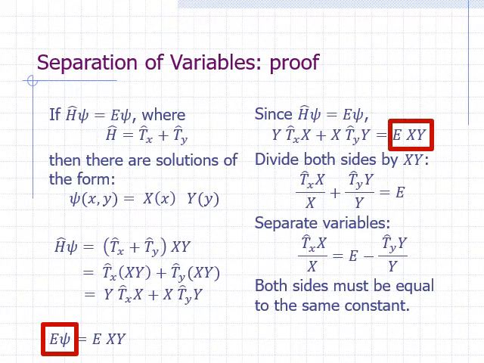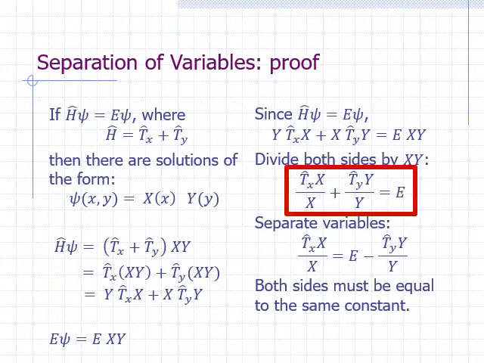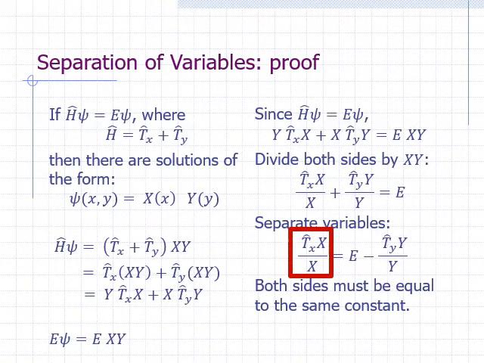Dividing both sides by XY, we get T sub x hat X over X plus T sub y hat Y over Y equals E. We rearrange this equation so everything that depends on the x-coordinate is on one side and everything that depends on the y-coordinate is on the other side. If 2 sides of an equation are expressions that depend on different variables, then both expressions must evaluate to a constant.